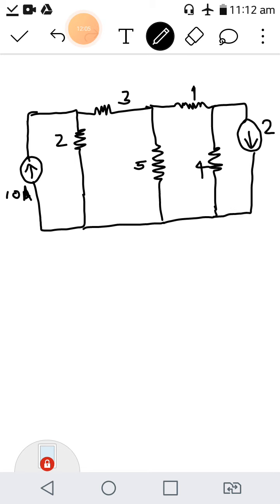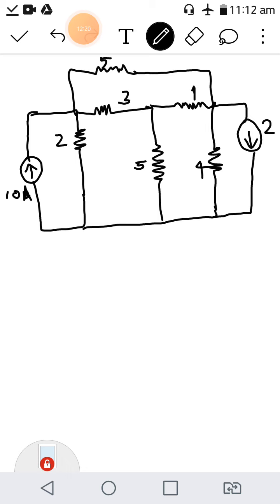Okay, and here between these 2 points there is a resistor of 5 ohm. It's connected between these 2 points. By using nodal analysis, find out the different branch currents.